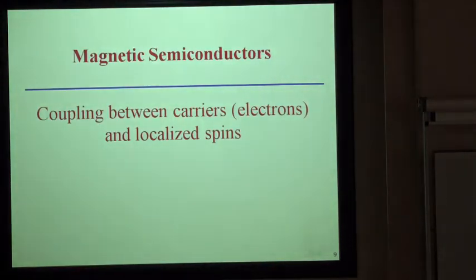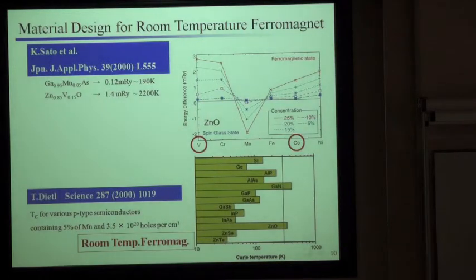And I'd like to show the magnetic characters of these materials. When we started these kinds of experiments about 10 years ago, several theoretical papers suggested the ferromagnetism of these materials.